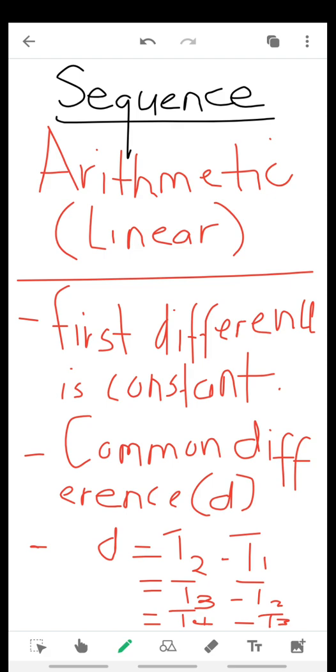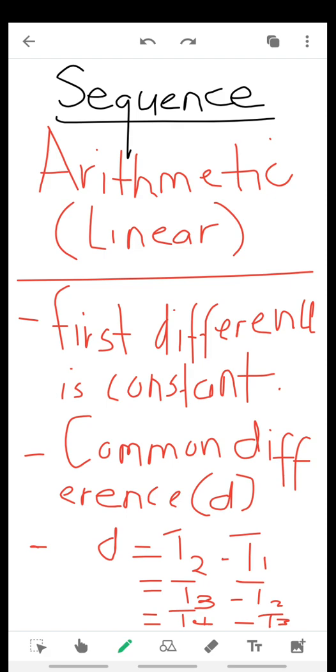This is very important. If I do not say linear sequence in your test or exam, then I'll use the word arithmetic. Mostly, we use arithmetic for grade 11 and grade 12, and linear for grade 10, 8, 9, etc. So arithmetic sequence and linear sequence mean one and the same thing.